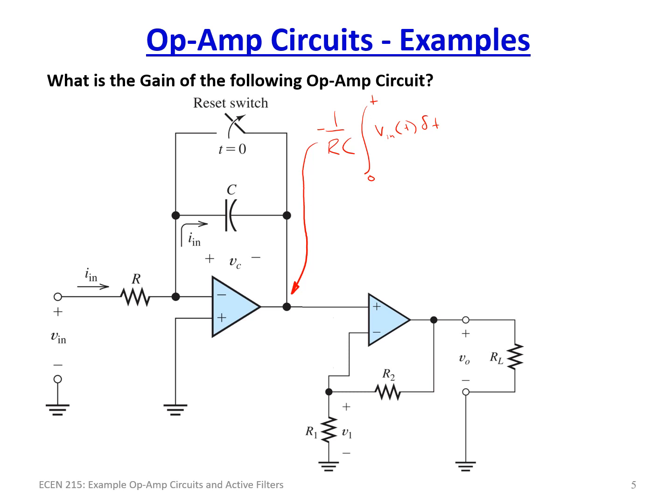This one right here has a gain equal to 1 plus R2 over R1 times its input here, which we'll just call VA. So we have that. This here obviously is at the same time equal to VA.